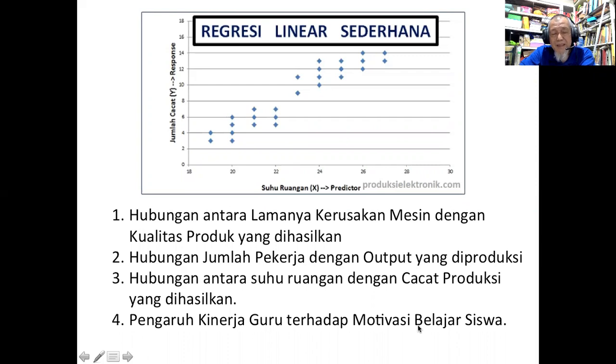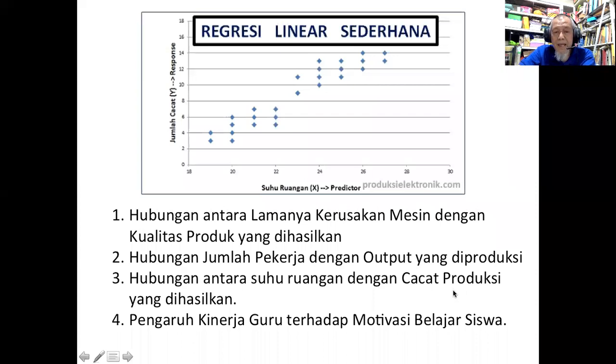So these are examples of looking at the effect of the independent variable on the dependent variable. Here the teacher's performance is the independent variable, and the student learning motivation is the dependent variable. In number 3, the independent variable is the room temperature, and the dependent variable is the defect products.